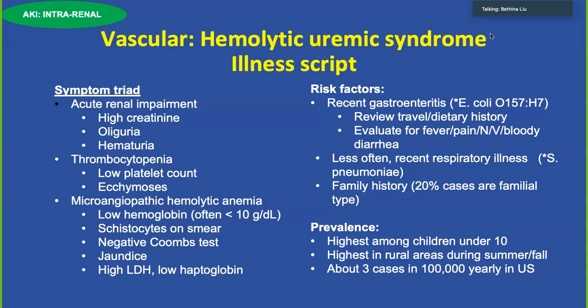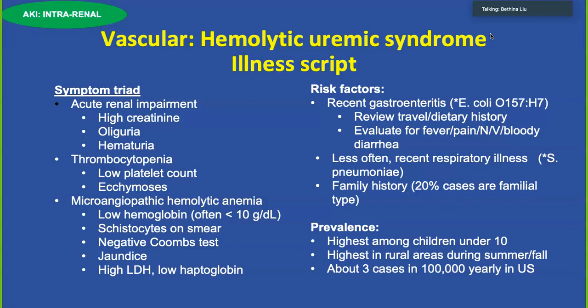Risk factors for this include recent gastroenteritis, especially the E. coli O157:H7 strain. So for this, we should do a thorough review of travel and dietary history, look for a history of fever, pain, nausea, vomiting, and bloody diarrhea.